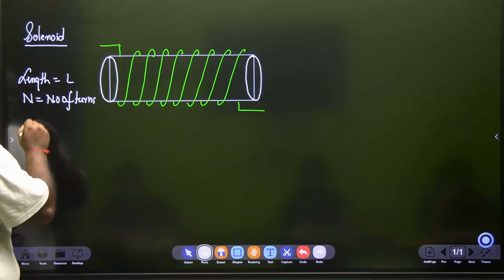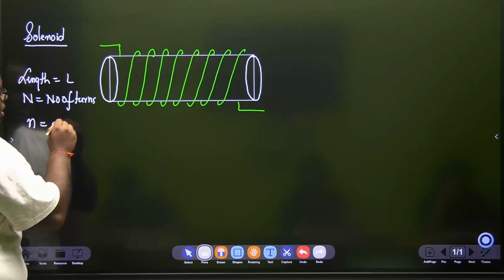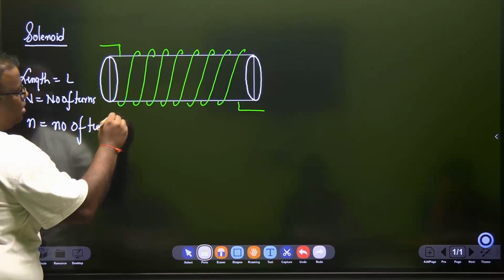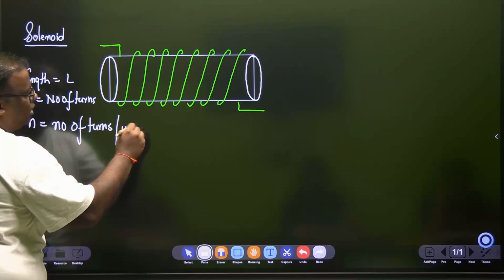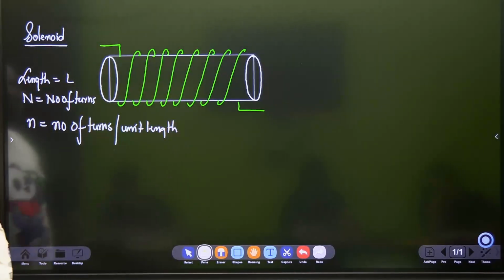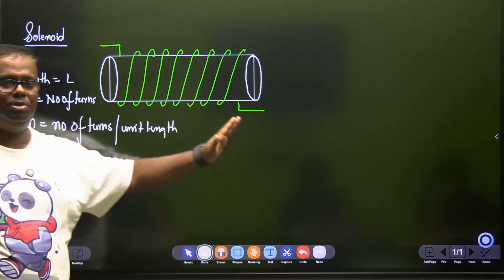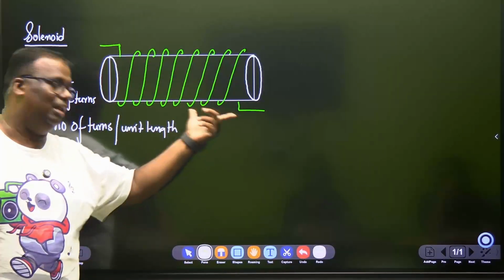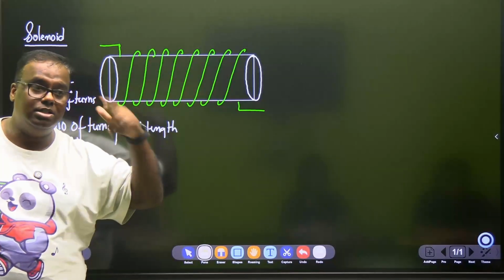We have another quantity, small n, which is equal to the number of turns per unit length. Now just see this. What is the length of the solenoid? L. In L, how many turns did you give?